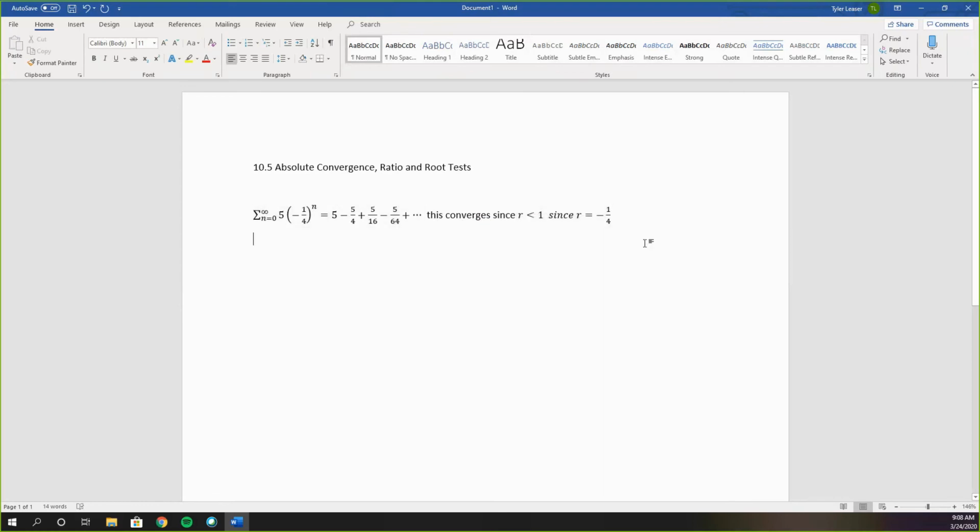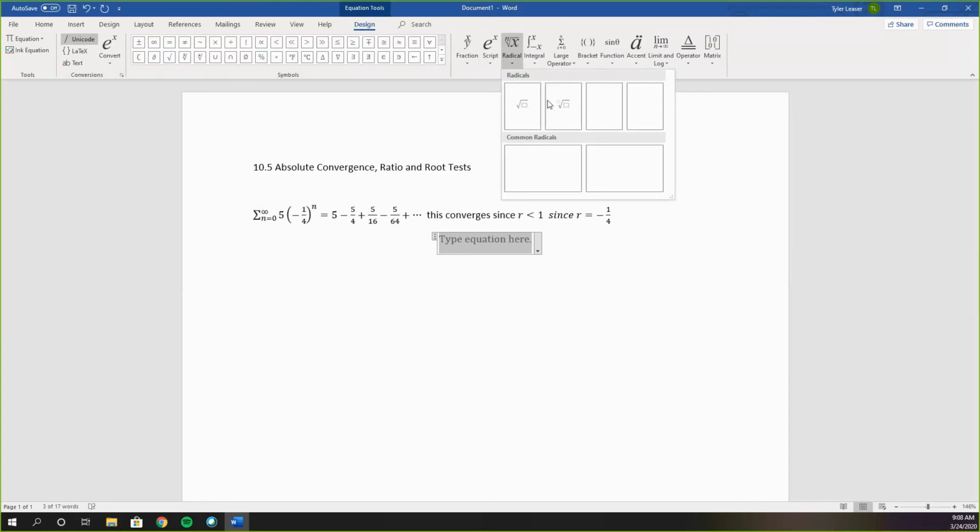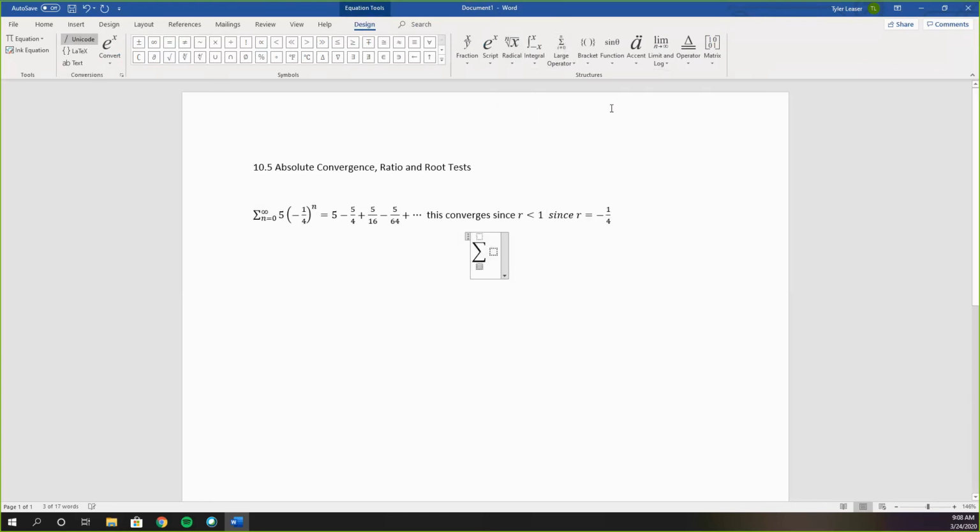Okay, so we're also going to look at another series here. Very, very similar series, but now we're looking at the series as n goes from 1 to infinity of 5 times just positive 1/4 to the n. So this is the same series.